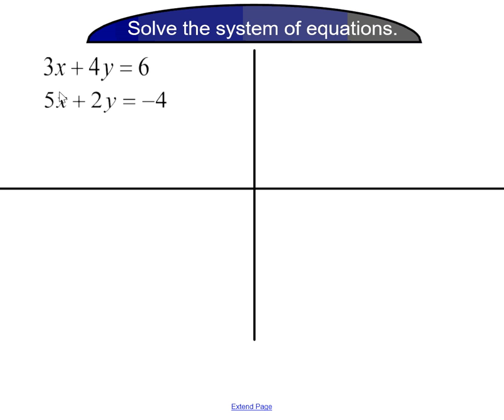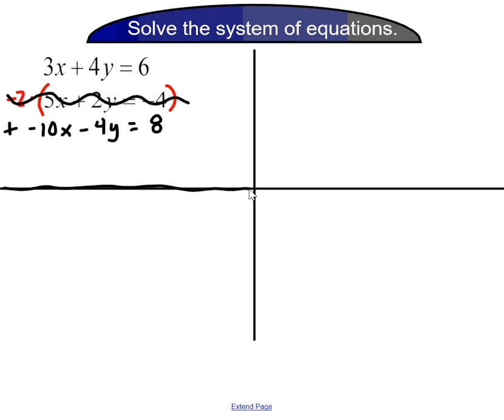So what I'm going to do is multiply my second equation. 2 times negative 2 is going to give me that negative 4. So when I do that, I have to rewrite this as negative 10x minus 4y equals positive 8. I no longer need that middle equation, so I cross it off. Now, if I added these two equations together, my y's would cancel out.